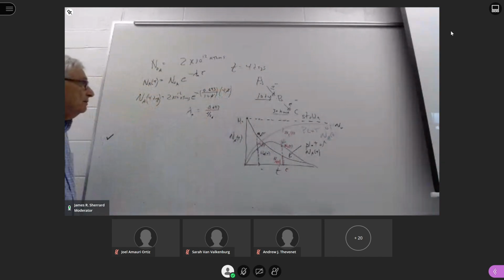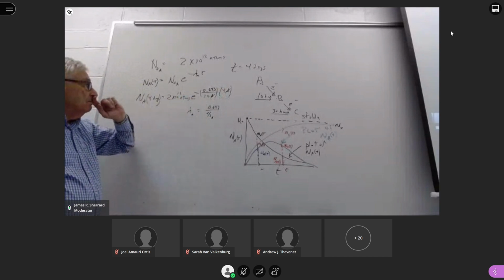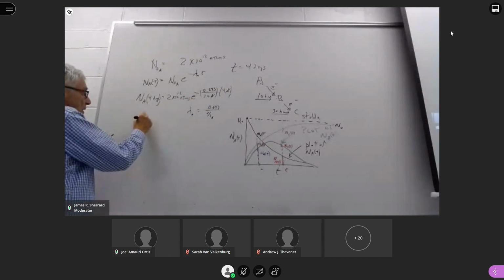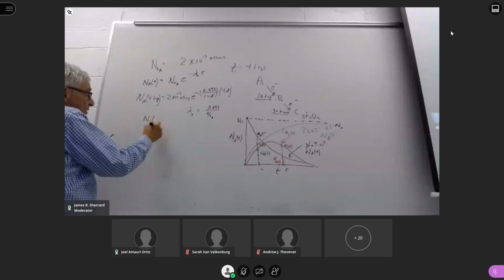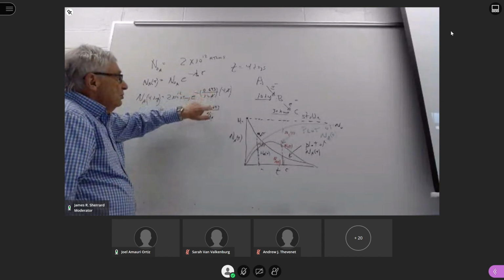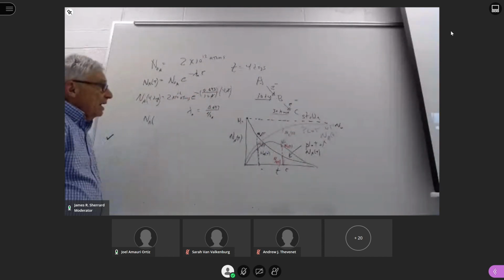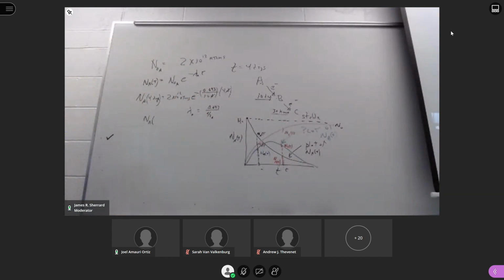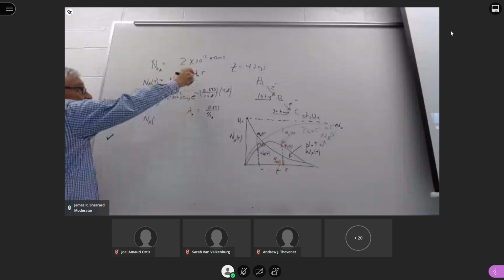Cancel, cancel. So we have the number of A's. What was the number on top? The number on top is 0.693 divided by the half-life, which was 10 days. That is what lambda A is.